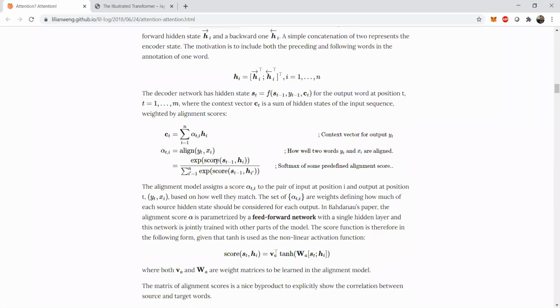So there is the exponential part, that is e raised to the score. The score is essentially generated by applying a tanh activation after adding the inputs. So for the hidden LSTM encoder cell outputs at each time step, we just sum them and apply a nonlinear activation called tanh.